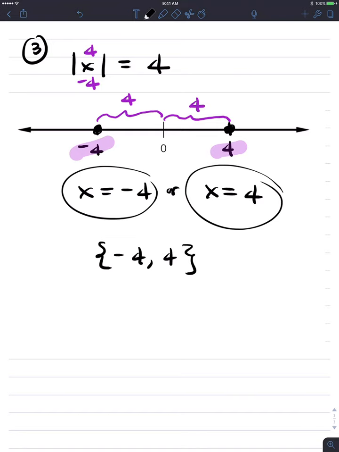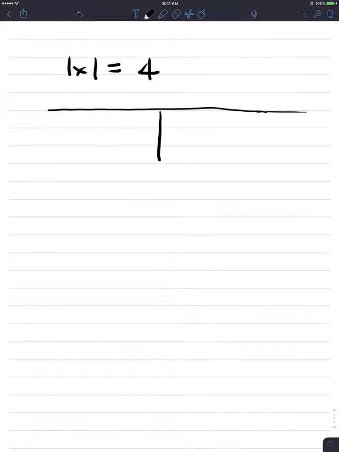Notice something we could do though. A good tool for us to solve the same question is the following relationship. If I bring out my T, which is just simply separating my paper into two regions, a left region and a right region, we can use this format and say the absolute value of x is either positive 4 or the absolute value of x is negative 4.